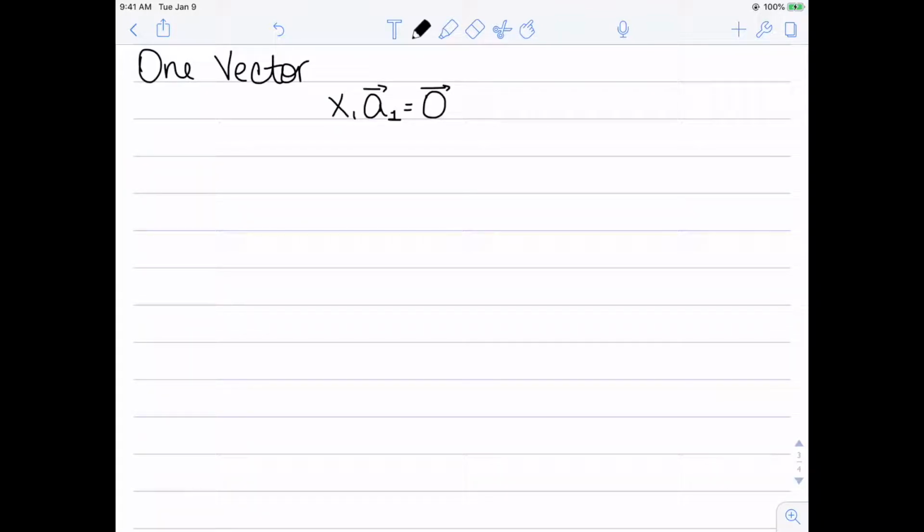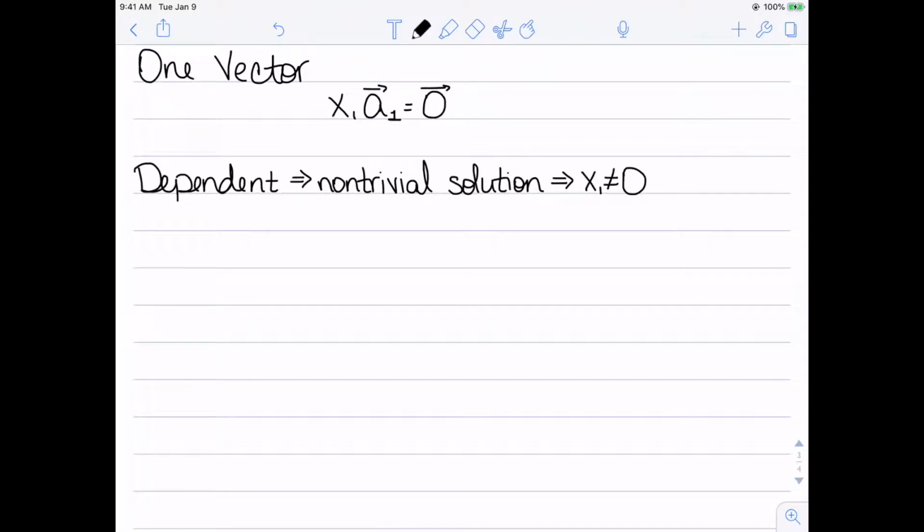That means that we're looking at this equation, x1 times a1 is equal to 0. If this is linearly dependent, that implies that there's a non-trivial solution. And a non-trivial solution means that x1 might not be 0. x1 equal to 0 is absolutely a solution, but if we have a non-trivial solution, there is definitely a solution where x1 is not equal to 0.